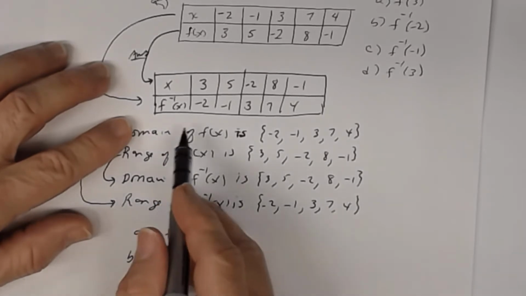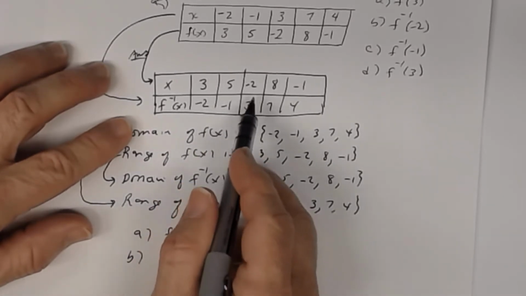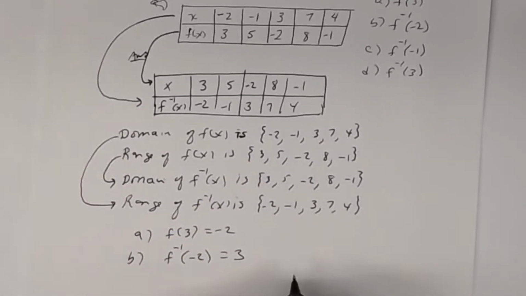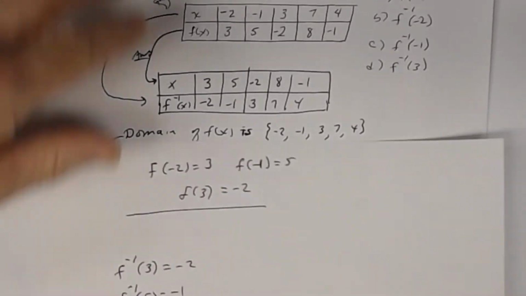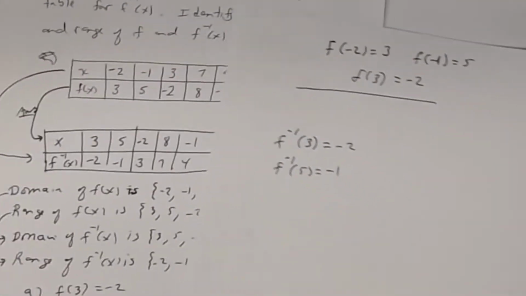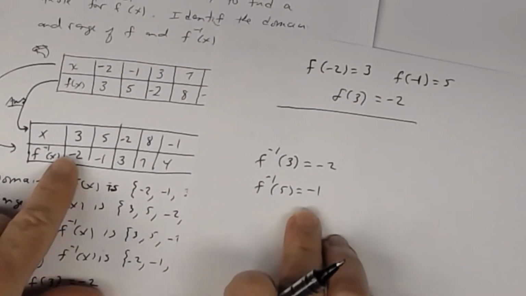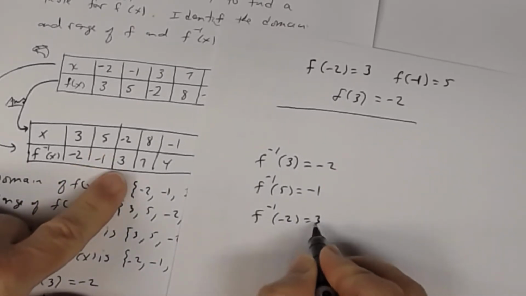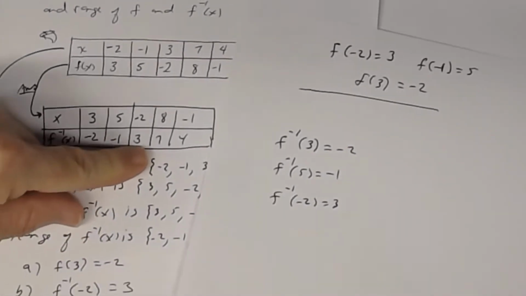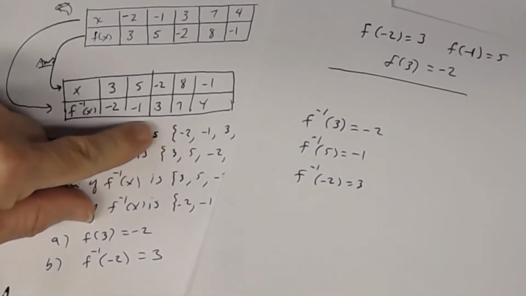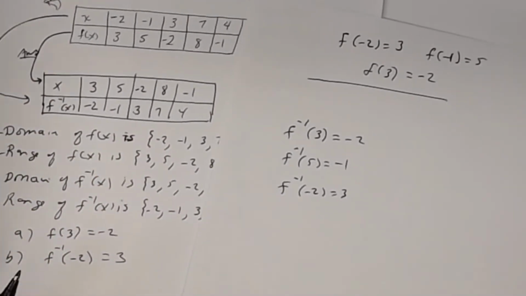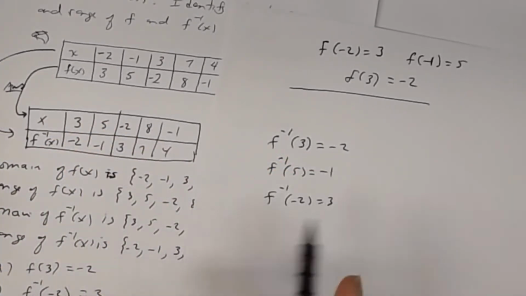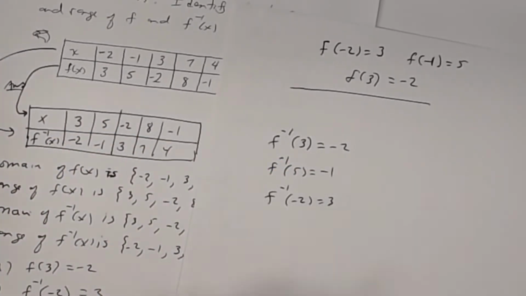Well, the answer is 3. Okay? If we continued this process, the next one would say f inverse of negative 2 is 3. And that's what this is. You see that right here? If you need to, rewrite this table like this so you can understand what you're dealing with. All right?